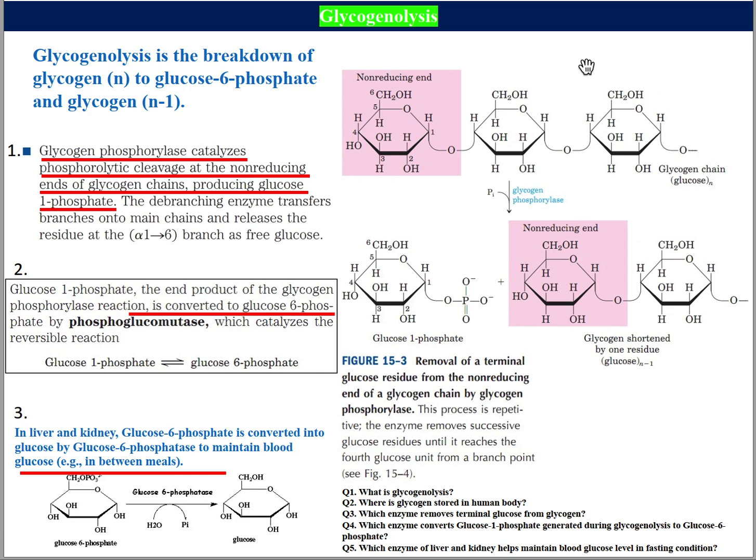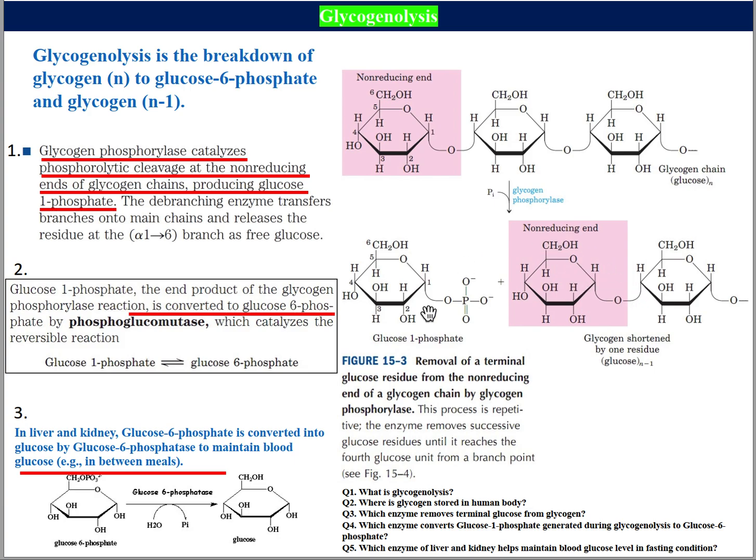So this is glycogen having n residues of glucose, where glycogen phosphorylase removes 1 glucose from the non-reducing end, producing glucose 1-phosphate and glycogen shortened by 1 glucose residue, let's say n-1.